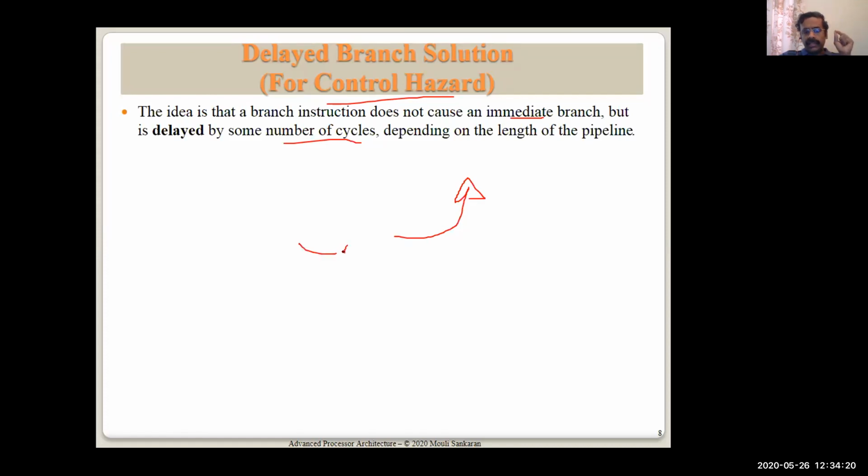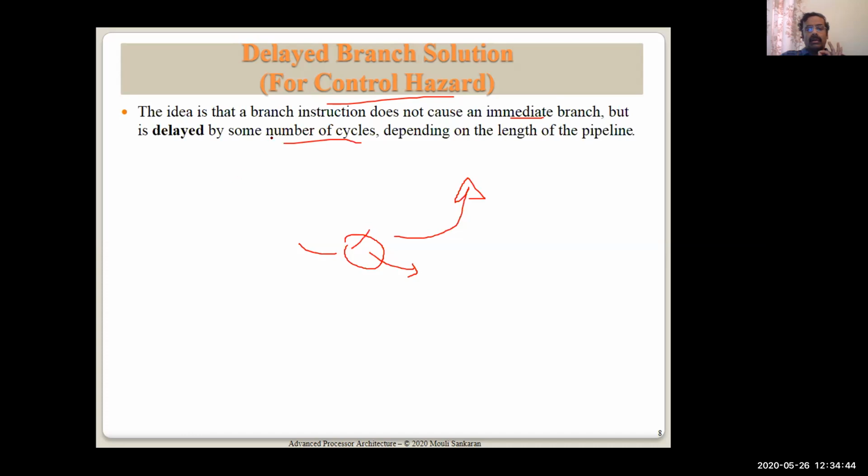We know that one instruction has already been fetched and there is a delay of one cycle. So the branch is really happening with a delay of one cycle. In some cases it may be 2 cycles or 3 cycles based on the pipeline structure or depth of the pipeline. When is the decision taken whether the branch is happening or not? Based on that, the delay can be more.